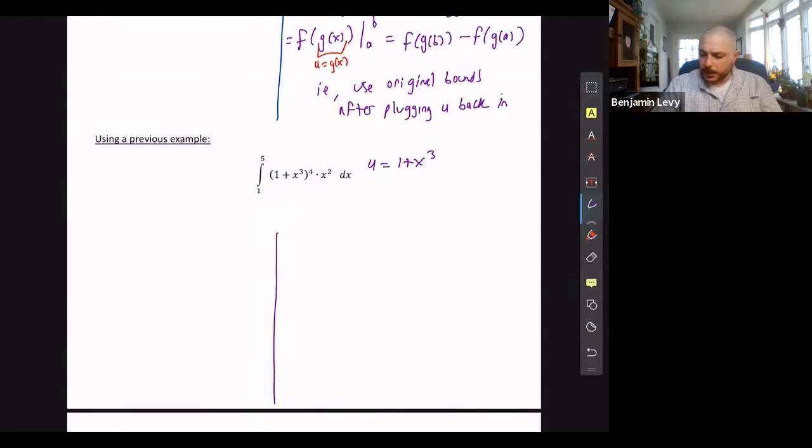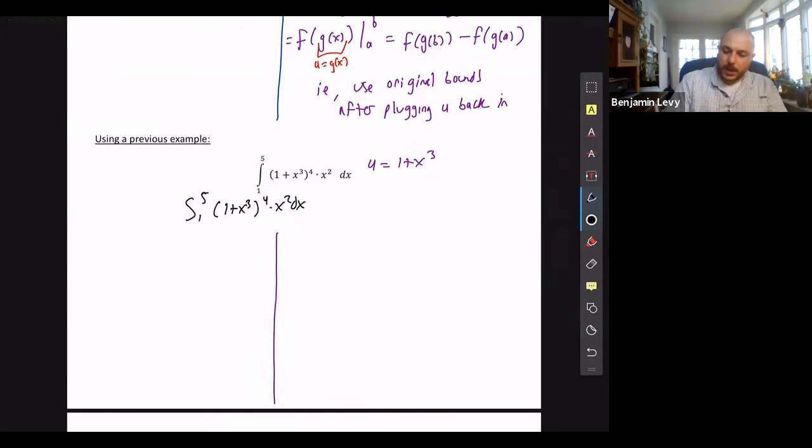Maybe we should just do it together. It lets us take our original integral and rewrite it like this. That's the first step on both of these options, just the substitution part.